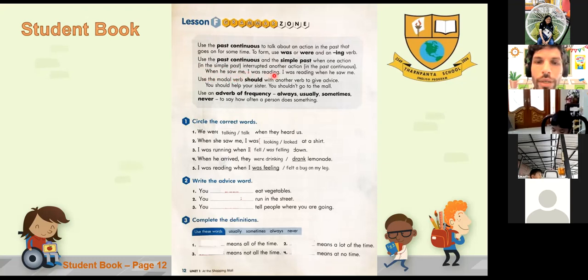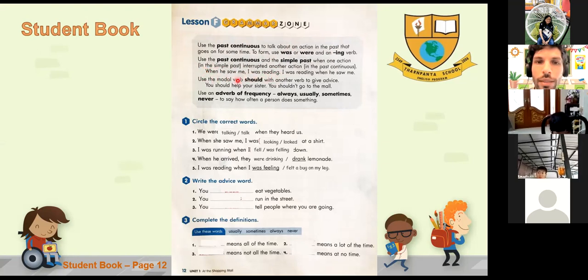I was reading. And here, as we said in the first paragraph, we use was and an ing verb, reading, read plus ing, to form the past continuous. So when he saw me, I was reading.